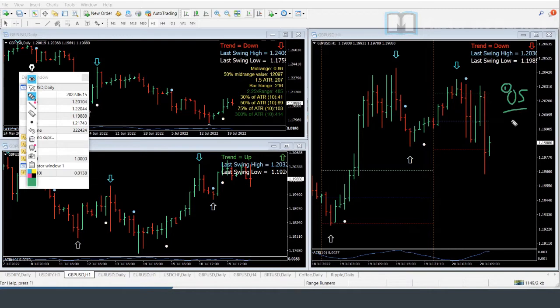Now, point number two, how do we trade this is the question some of you might be asking. Remember, this is all based on how the bar is forming on your daily time frame. Okay, very powerful concept, because the core is how a bar forms. Now, how do we trade this?